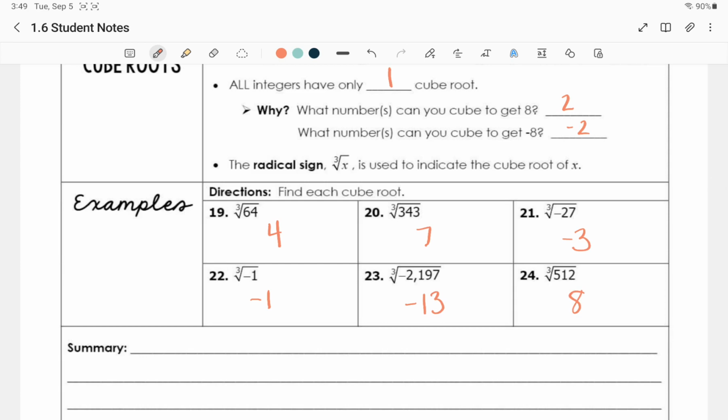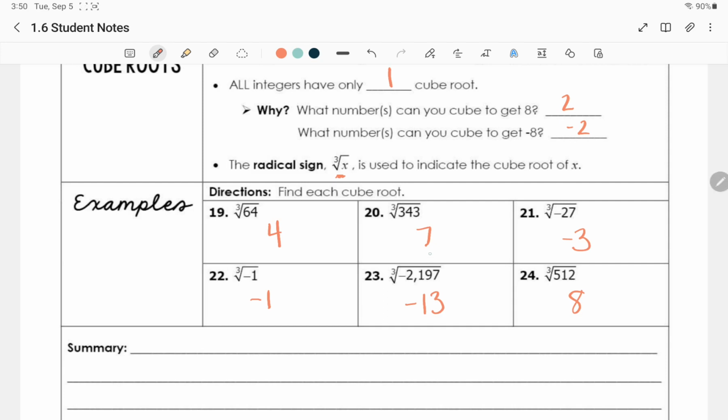All right, I forgot to say something before I end this lesson. The radical sign, the cube radical sign, as indicated here, is used to indicate the cube root of it. The reason that you can have the negative under the radical symbol is because it's multiplied to a third power, right? Square roots are perfect squares. It's just a number multiplied by itself. And you can't have the negative symbol underneath because that would mean that you are starting with less than.